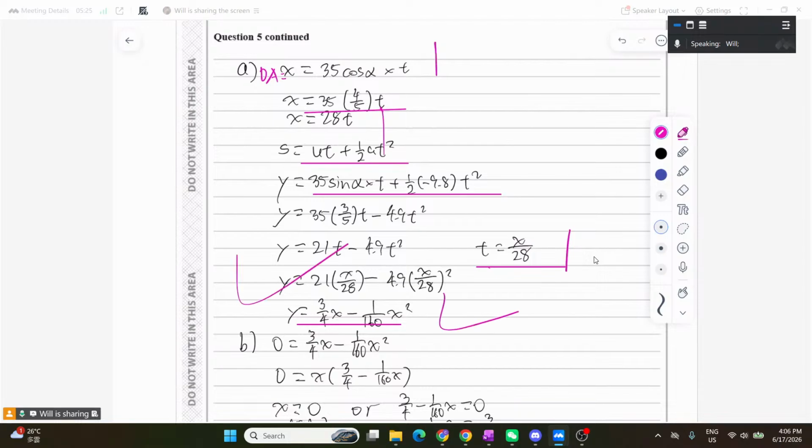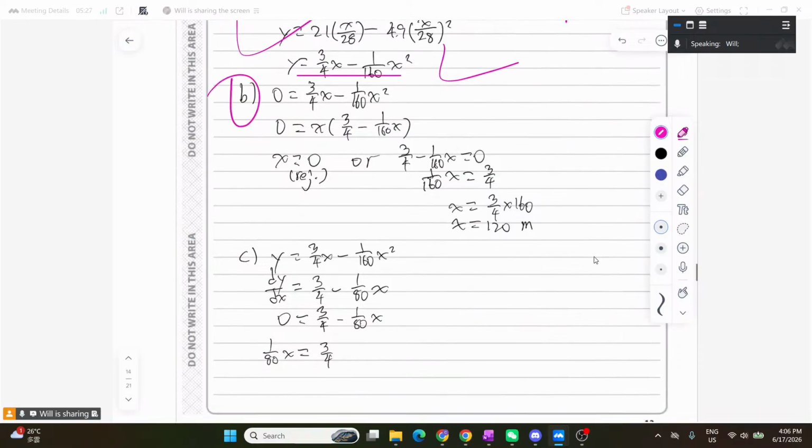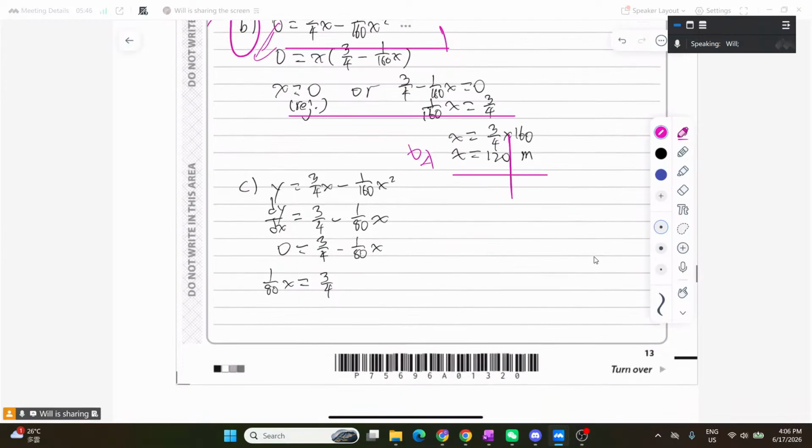No problem. For part B, it is 3 over 4x minus 1, and landing means y is 0. No problem. And this one is low, so we get the OA. No problem.